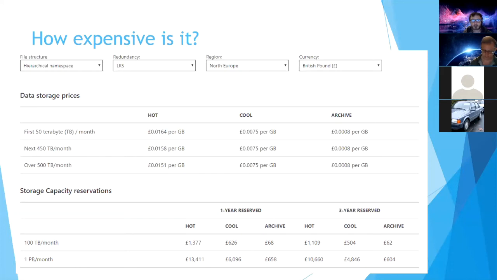But just if you look at the bottom line on this, if you're wanting to buy a petabyte of capacity, but you don't mind the speed and you want the archive option, a petabyte for £604 a month is actually quite mind-boggling. I mean, a terabyte is 1,000 gig, and a petabyte is 1,000 terabytes.